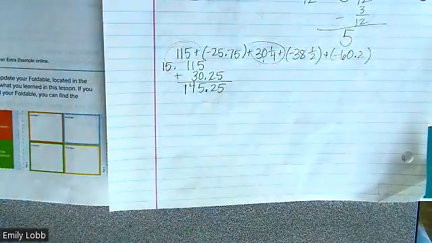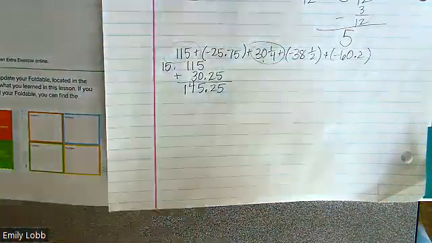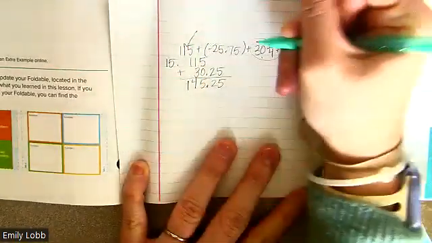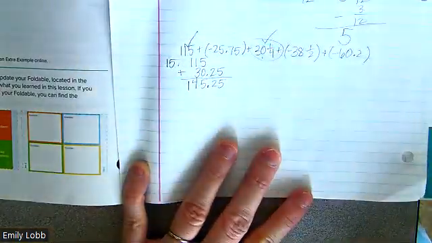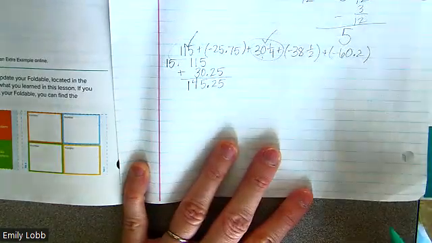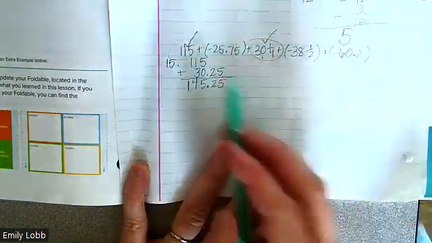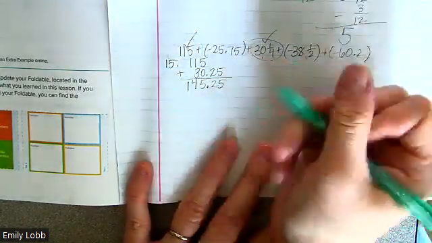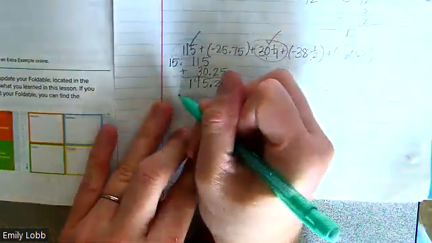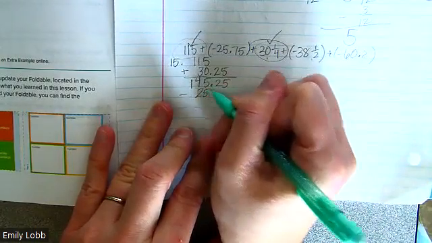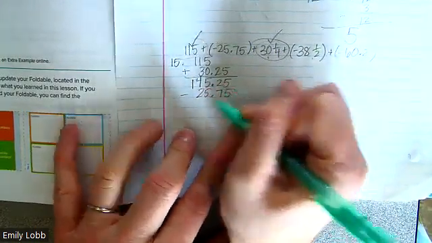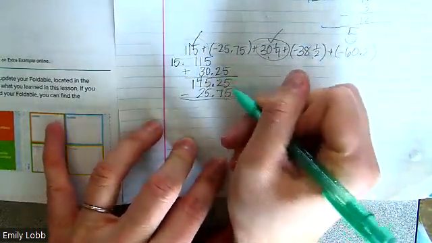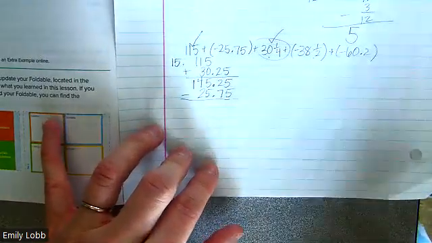Now, from now on, I'm going to be subtracting. So I've included this one and I've included this one. And now I've got to keep subtracting all of these. All right, so let's start with subtracting 25 and 7500ths. What's 5 minus 5? 0.